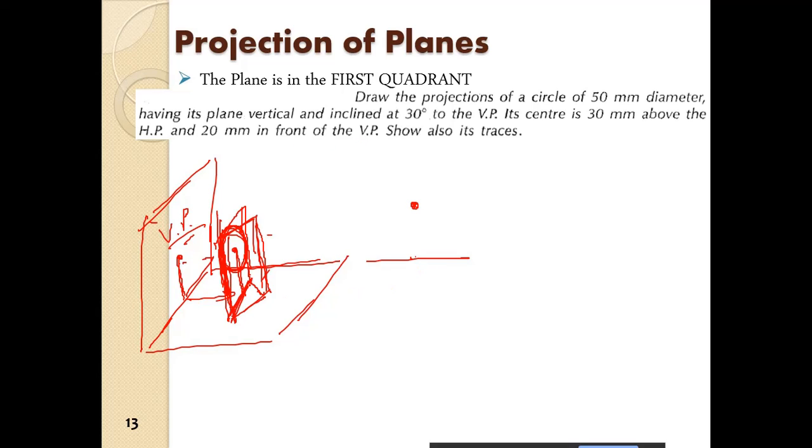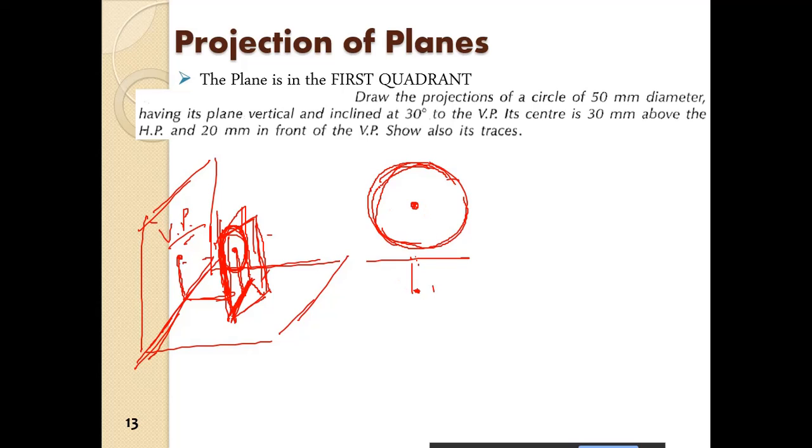So this line, basically the horizontal trace of the circle, will be at a distance 20 mm from the vertical plane. So first of all, we consider the circle to be parallel to the vertical plane, and therefore the entire circle will be visible.